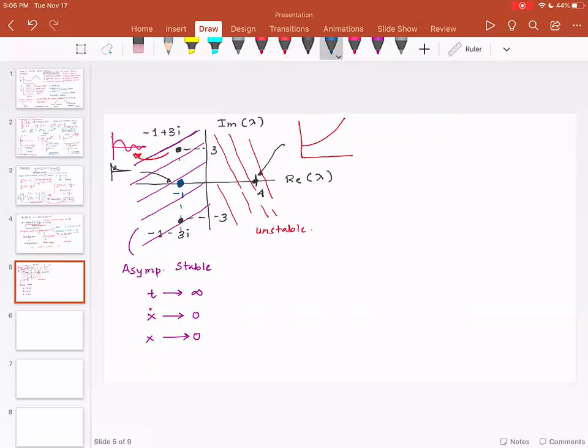If you have an eigenvalue, say somewhere over here, so this eigenvalue is 4 plus 3i, and this eigenvalue is 4 minus 3i, then your response is going to be something like this. So remember, whenever you have an imaginary component, imaginary component causes oscillation.